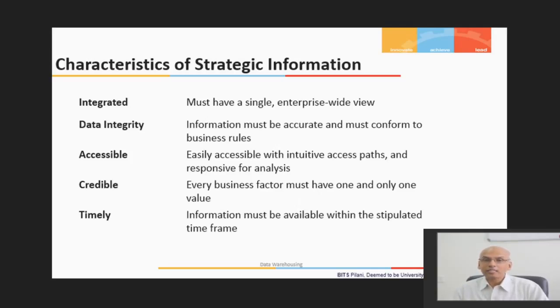And considering that they use the information in very unpredictable or ad hoc ways, the information should be provided in such a way that they can create their own access models in simple ways. And the information provided should represent one version of truth.